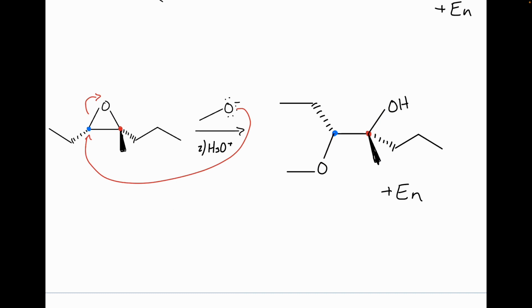The one that's due on Friday is just what the products are. And I say go ahead and ignore stereochemistry. Just use the straight line bonds. I want to make sure you know the difference between basic nucleophiles and acidic nucleophiles. There's going to be another one, stereochemistry of epoxide reactions, that is going to specifically focus on this here, making sure that we can follow our stereospecific products of these reactions.